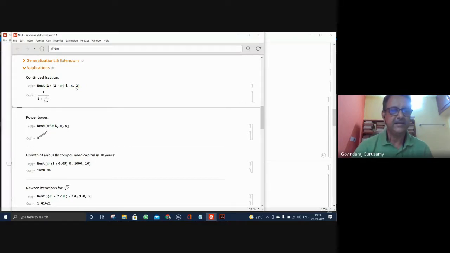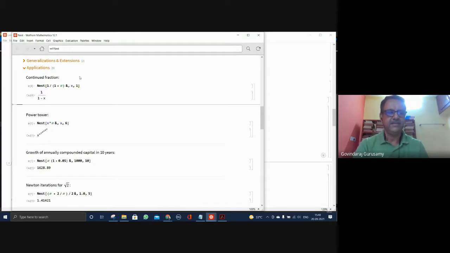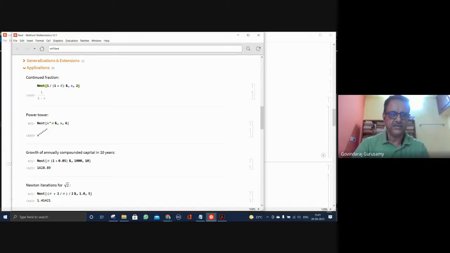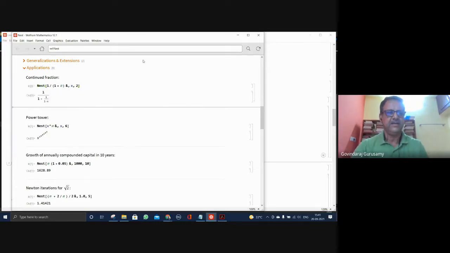Getting it? Hope it's clear for all of you. I'll repeat again. This is nesting. The first function is this. This function is going to be the substitution for the next x as it is. Whatever be the result, that would be substituted in the next. Whatever you have, the whole thing is substituted for x.